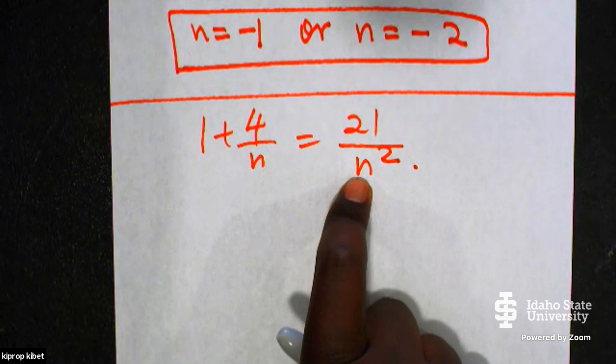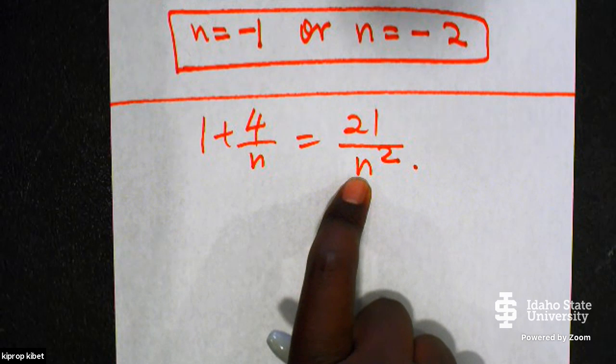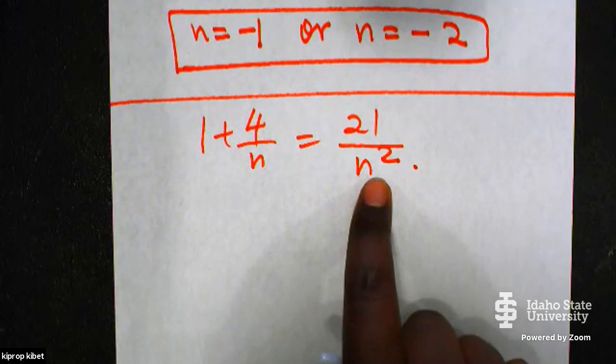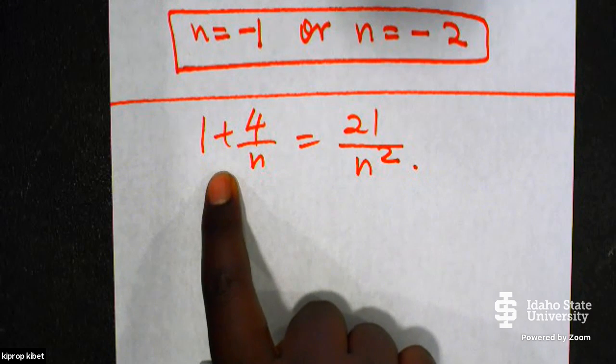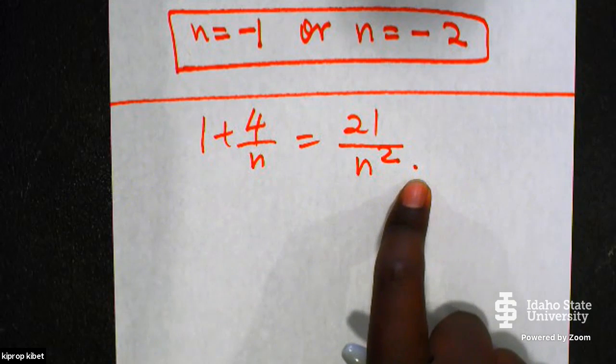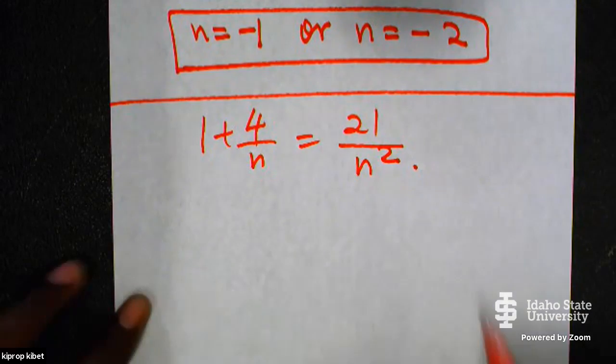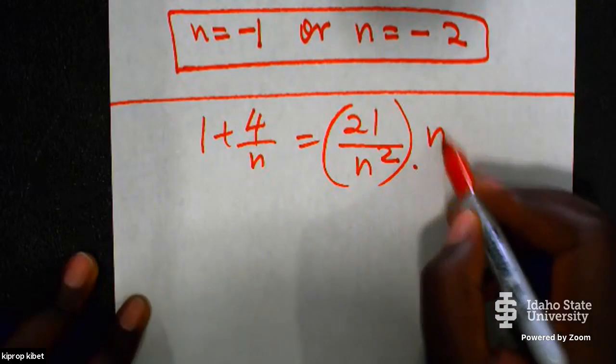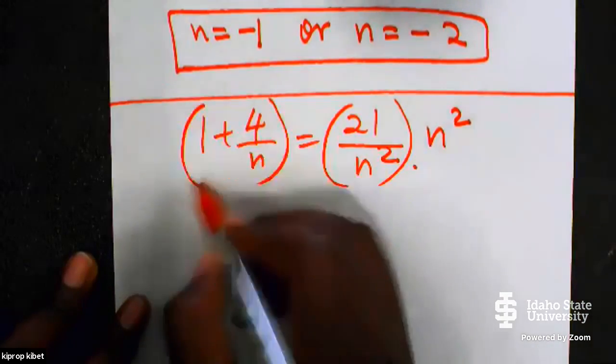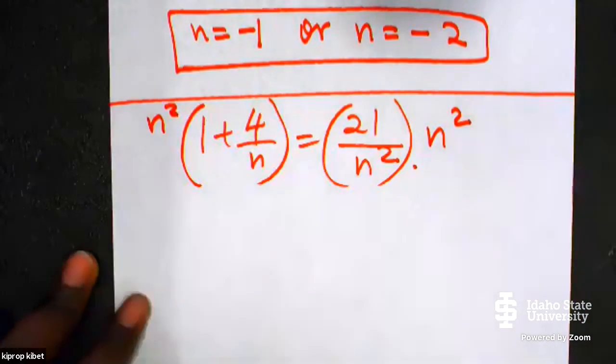Would it just be n? This one is more than n because it's n squared. So we multiply everywhere by n squared. We also multiply this one by n squared.